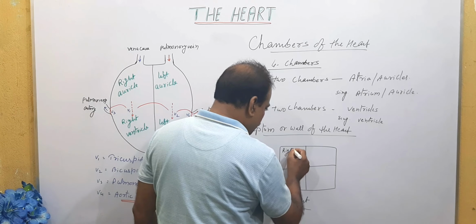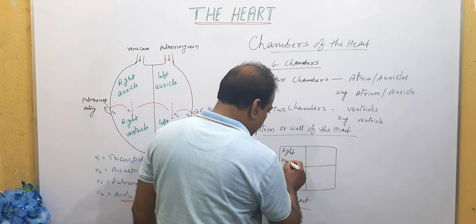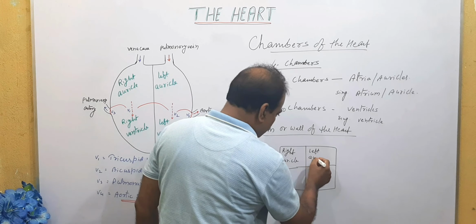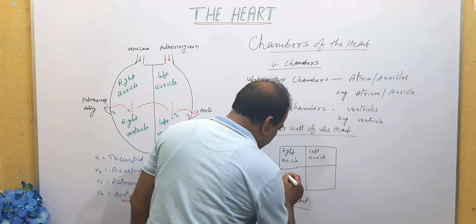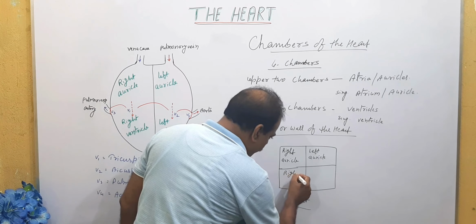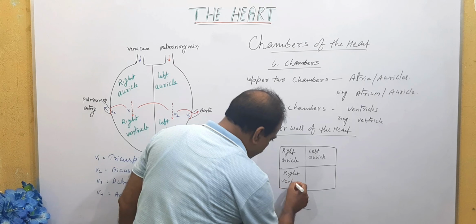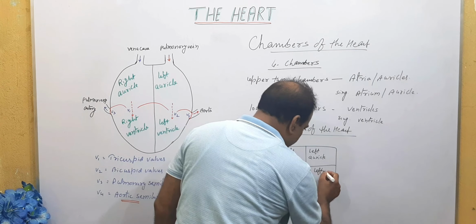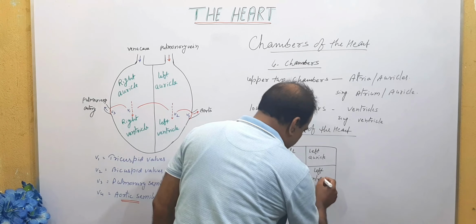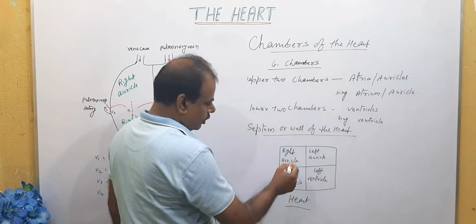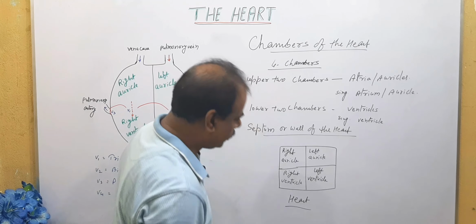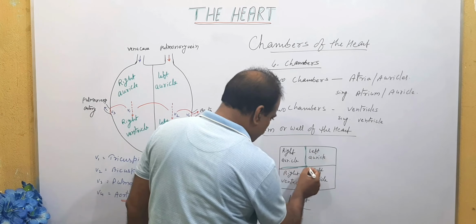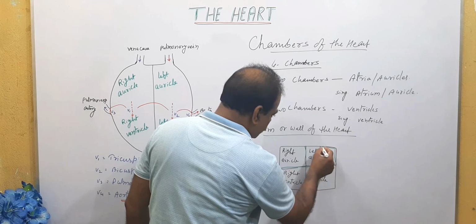This one is the right auricle, left auricle, right ventricle and left ventricle. Now the walls.